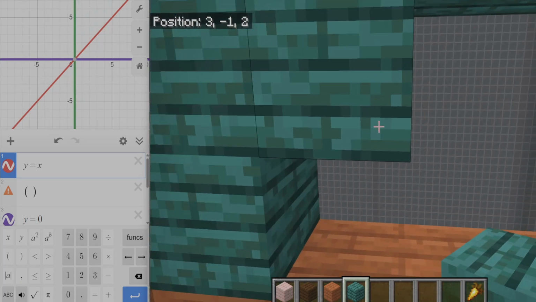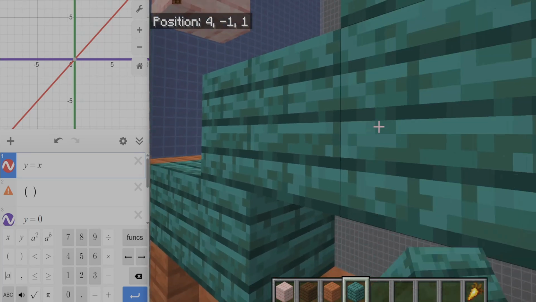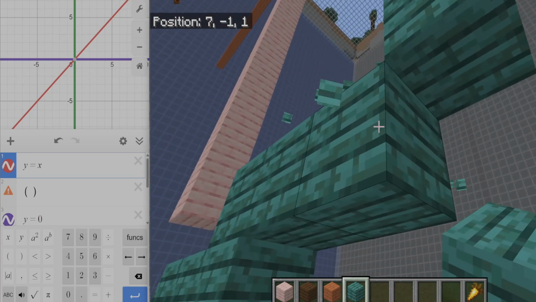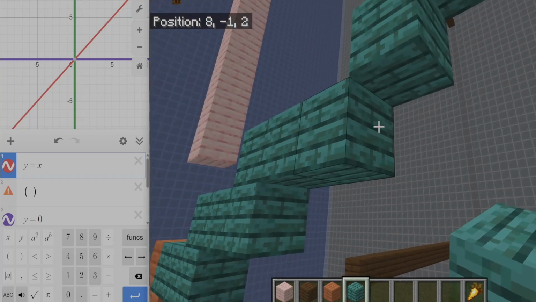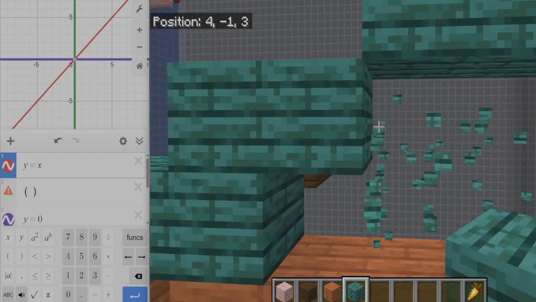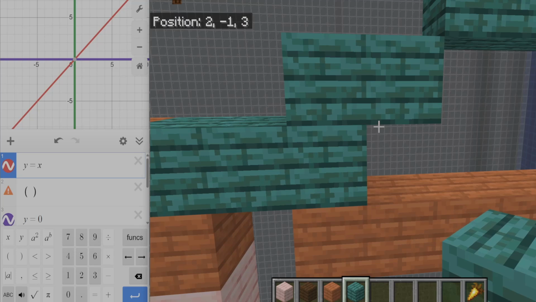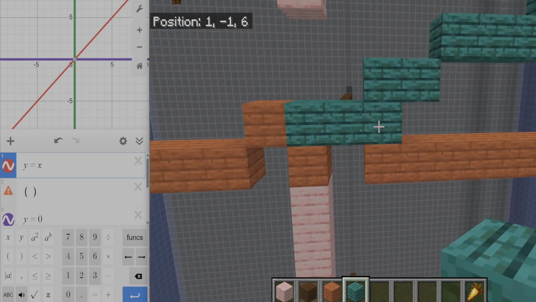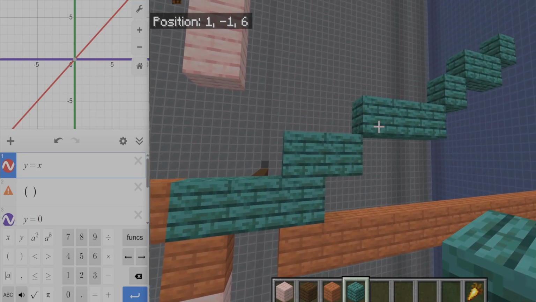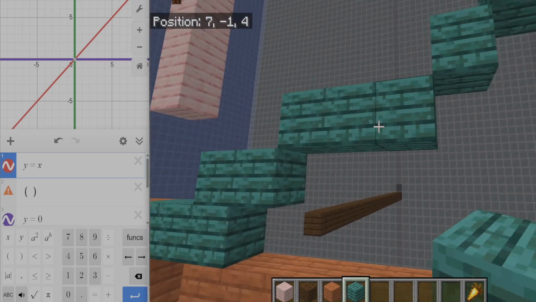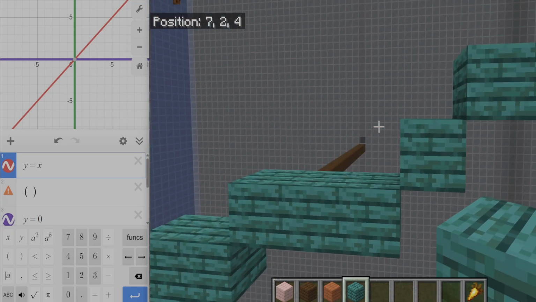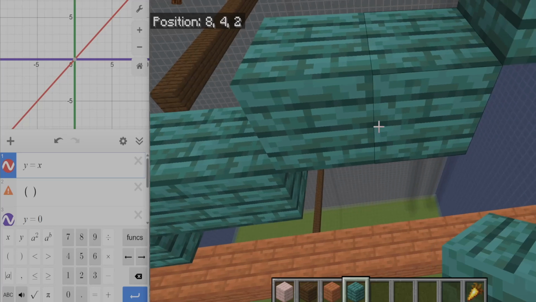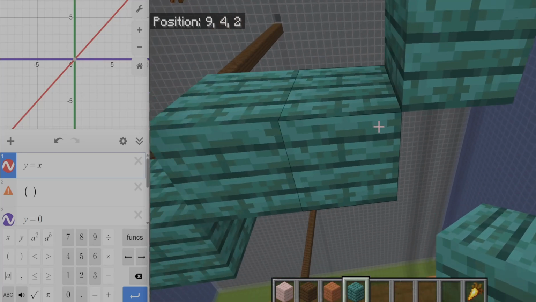Over 2, up 1. So 1, 2, up 1, and we keep repeating that pattern.